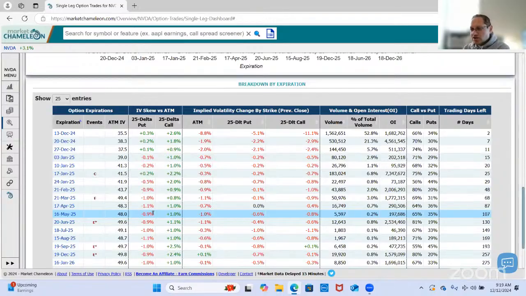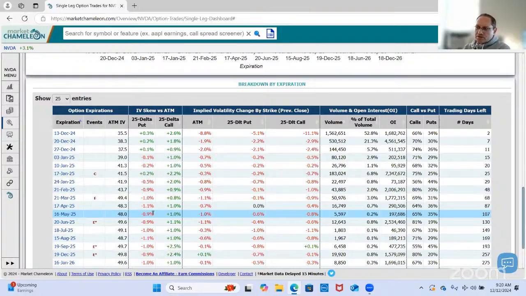If you open up an options chain and look at a particular expiration, you're going to notice that the implied volatilities are different as you move along strikes. It's not the same volatility throughout all the strikes.